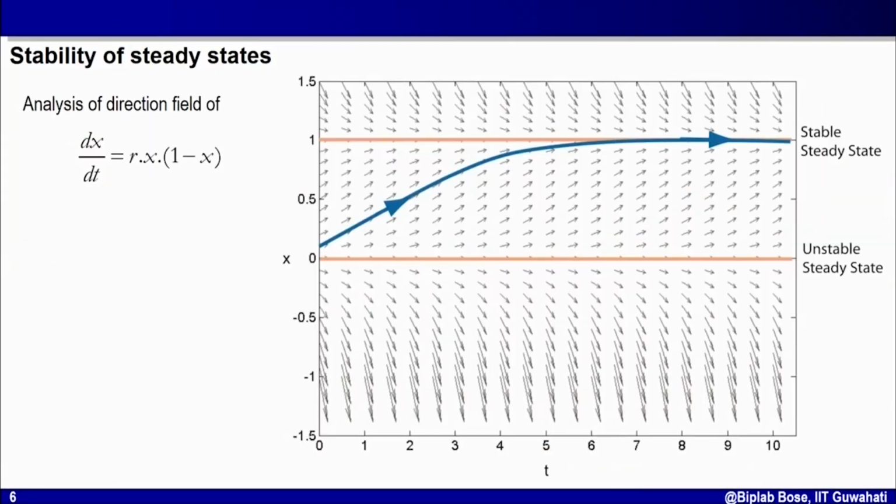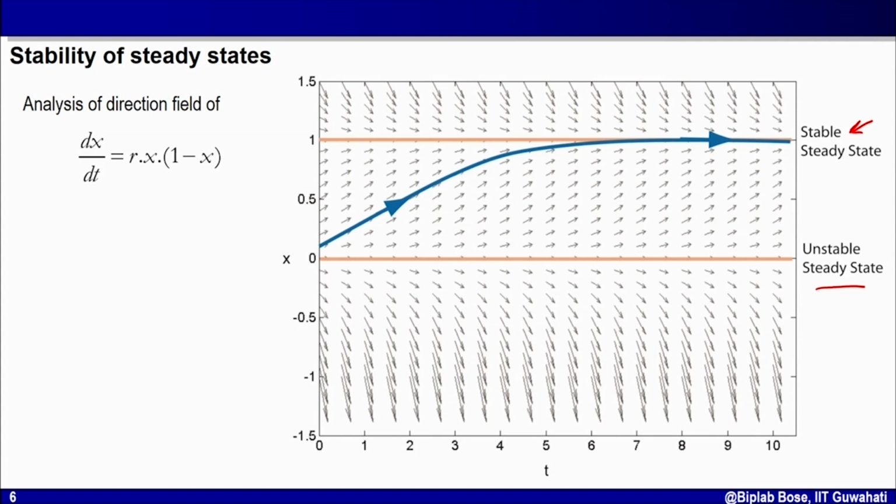Let us explore the direction field further to understand how the dynamics happen between a stable and an unstable steady state. As I have shown in the direction field here in the graph, I have two reddish lines, representing one unstable steady state and the other a stable steady state.